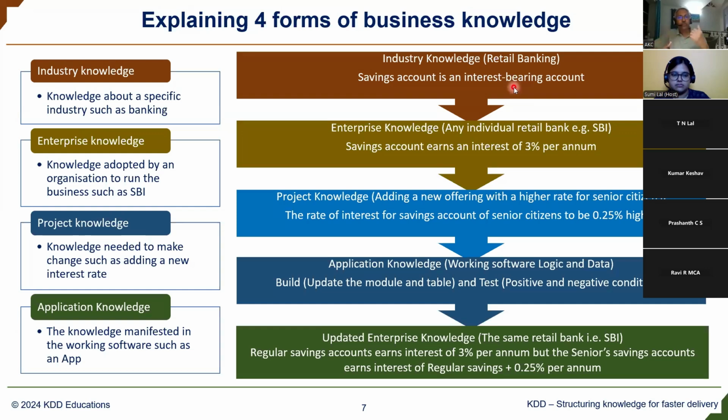So now industry knowledge is there, the enterprise knowledge is enhanced from where it was, project knowledge lasts for the duration of the project, and application knowledge resides in the application which people will use. I hope this clarified how the different levels, the different forms of knowledge, work.